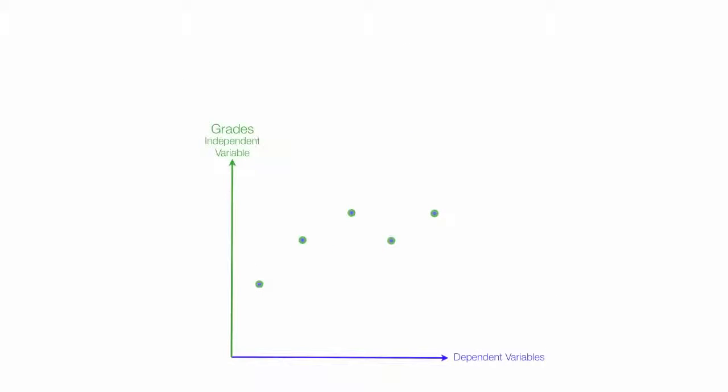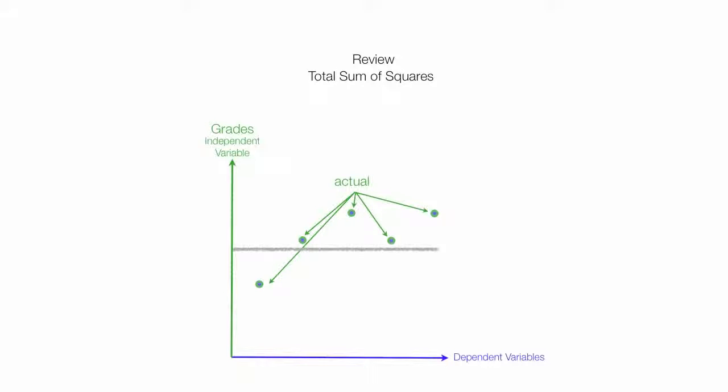Now remember, total sum of squares, which I just did, is my actual value compared to my mean. So let me draw the mean line in. So it's the actual values minus the mean, the distance between those two. And I square it and I do some other things, but that's in essence what it is.